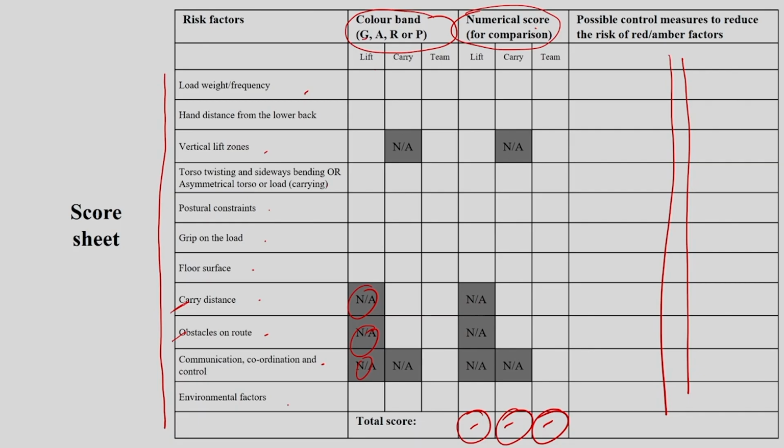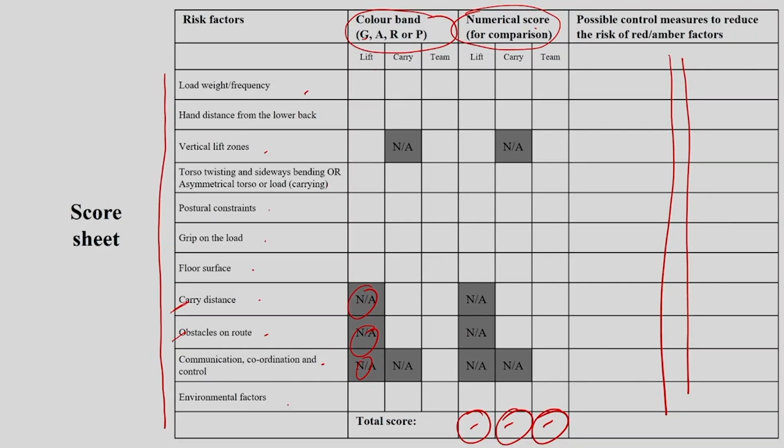Colors will help you decide where the intervention can be. Numbers will help you analyze what kind of improvement or changes you have made through your intervention. So, this is the importance of this particular score sheet.